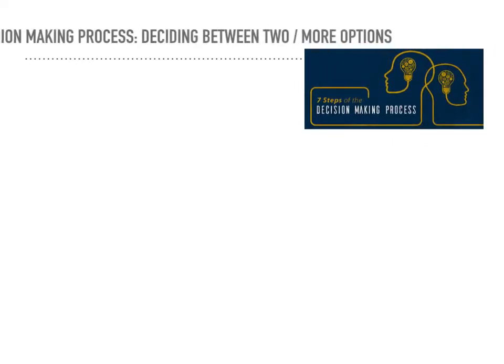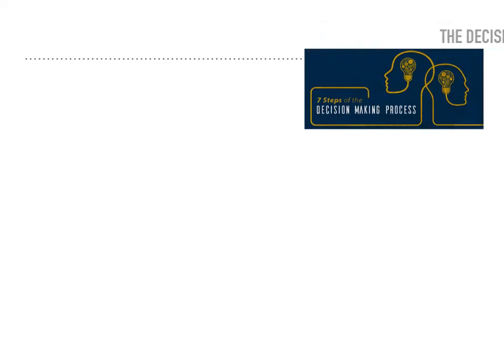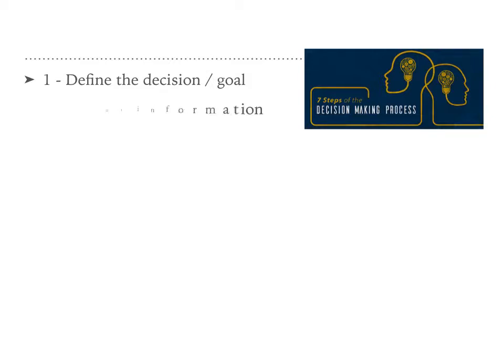So next we look at the decision-making process. The decision-making process is where we would decide between two or more options when working towards achieving a goal. So the first step is to define your goal or your decision.